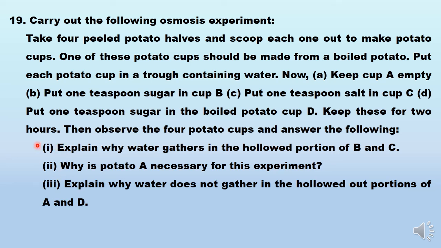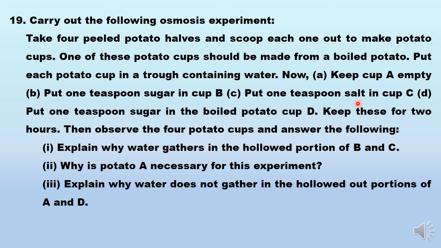So let us talk about the first one. Why water gathers in the hollowed portion of B and C? Since the potato is kept in water and its central cavity is containing sugar and salt, that is solute.